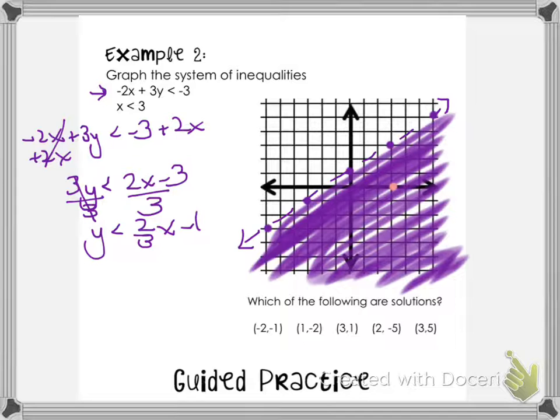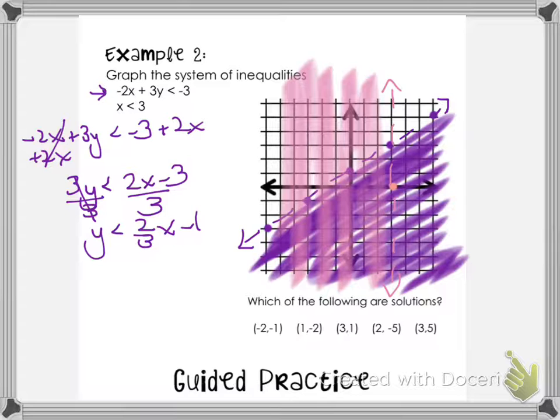And it is also dashed, because it's just less than. And less than is over to the left of that vertical line. So let's shade everything to the left of that vertical line here.